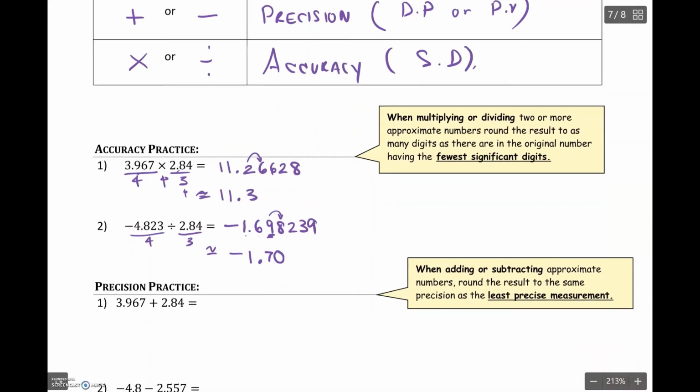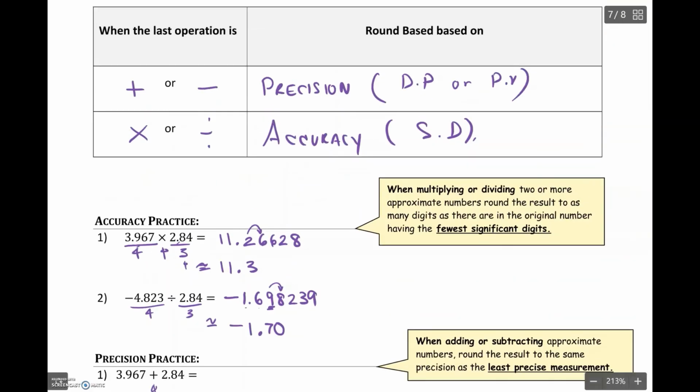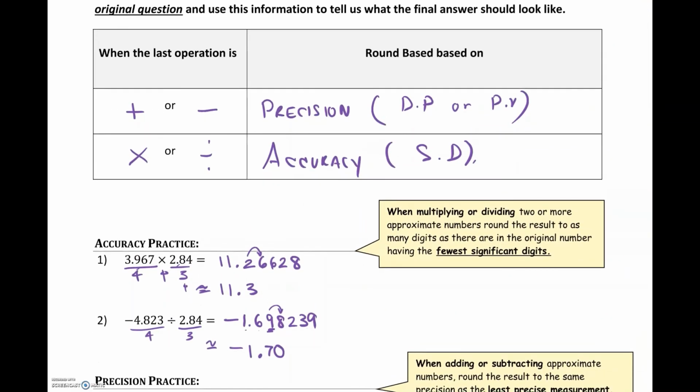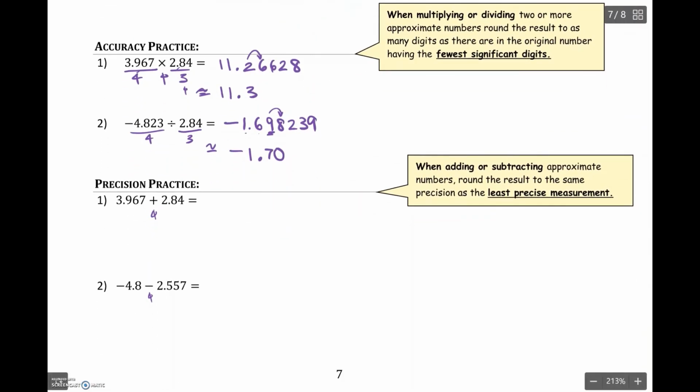And let's look at 2 other examples. Now we are adding and also subtracting. So when we're adding and subtracting, we are rounding based on precision or decimal places. When we do this calculation, we get 6.809.